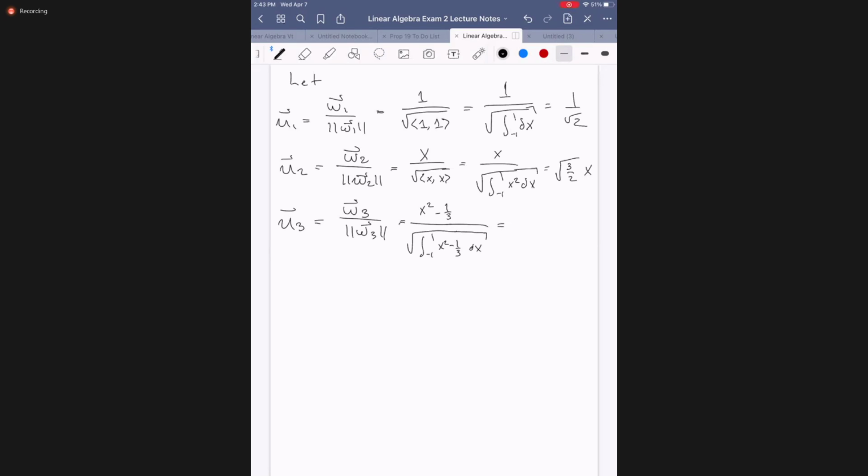Okay, so x cubed over 3 minus 1/3 x, from -1 to 1. One of them is even, so one of them is odd.